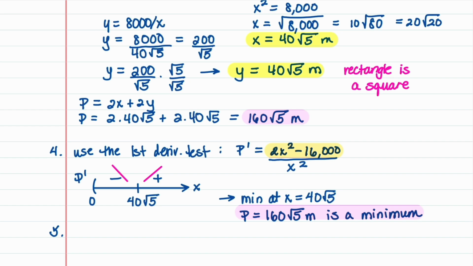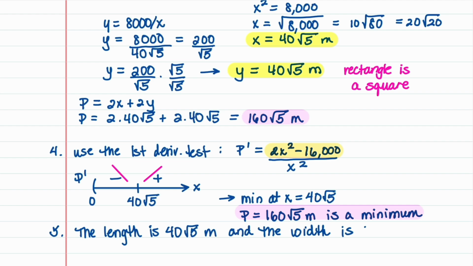So let's write down that the length is 40 root 5 meters. We always want to make sure and include units in our answer. And the width is also 40 root 5 meters. And we'll highlight this because that is our final answer.